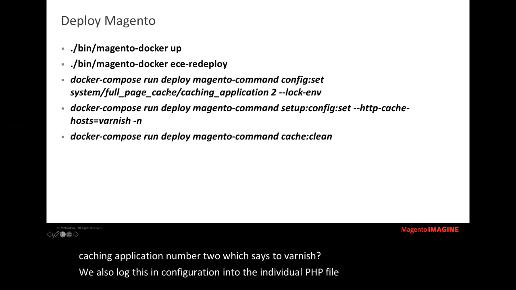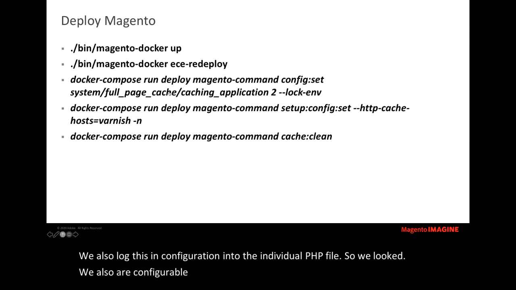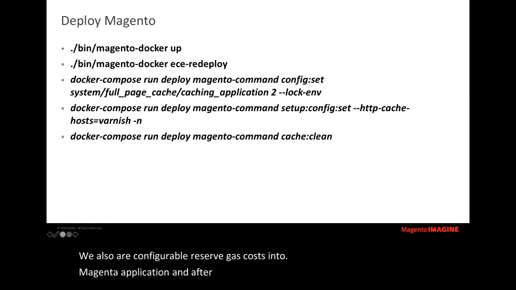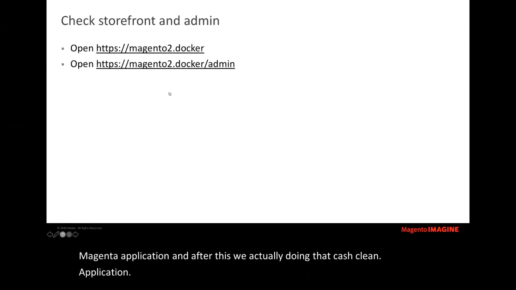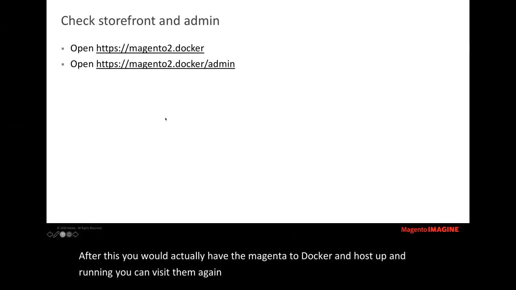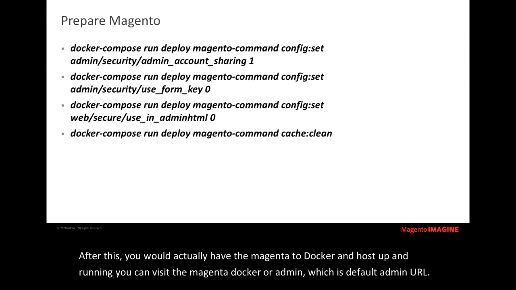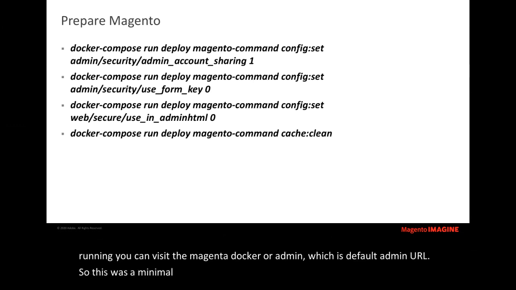We also configure the HTTP cache hosts in the Magento application, and after this we do the cache clean via the regular Magento application. After this, you would have the Magento 2 Docker host up and running. You can visit the Magento 2 Docker site or the admin, which is at the default admin URL. This was the minimal set we need to perform to have Magento run on Cloud Docker.